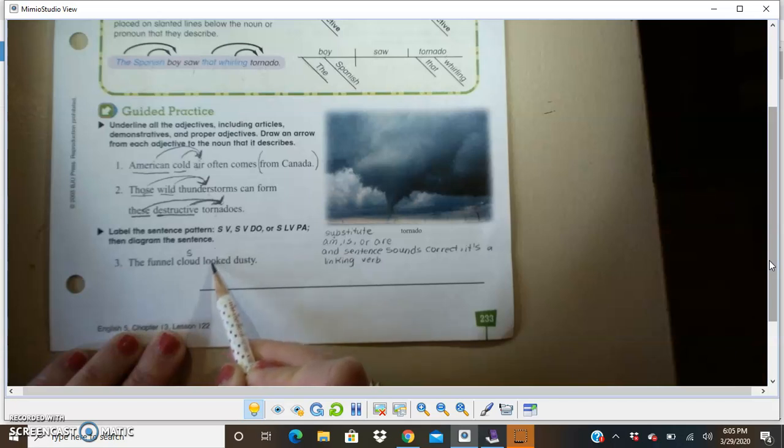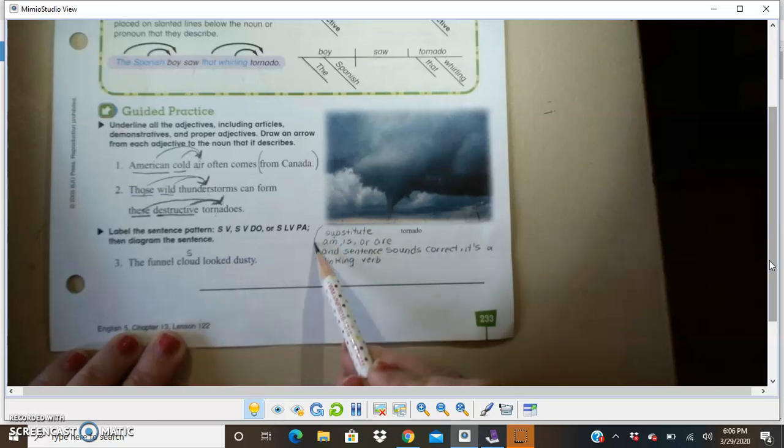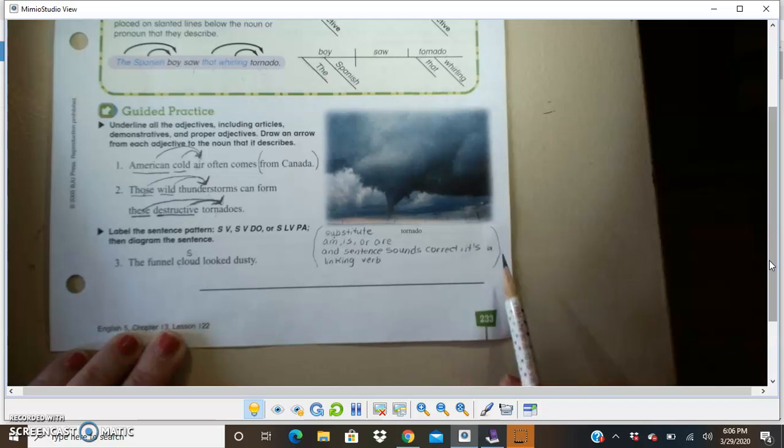But I need to talk about this word right here. Can a cloud actually show the action of looking at something? No. So it's not an action verb here. This is a linking verb. And this is the reason I wrote this over to the side.